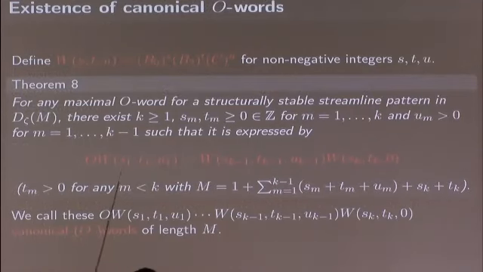And there is more good news. There is a canonical representation. Any maximal word can be represented in this form. There are a lot of maximal words, but we can find the canonical form.